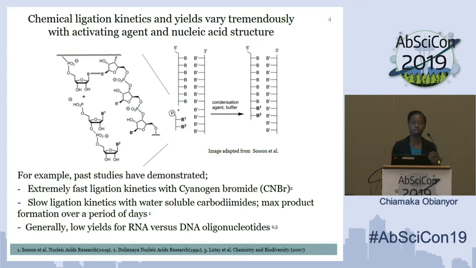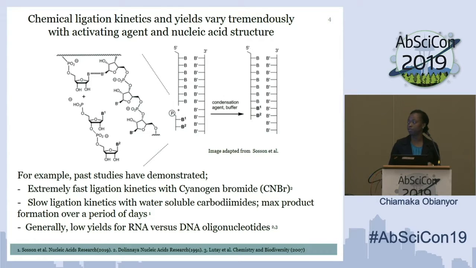On the other hand, we looked at water-soluble carbodiimides, and we found that it could take weeks and perhaps even months for you to get your maximum product, which again makes it hard to tease out the mechanisms involved with ligation. And perhaps the most interesting thing that we found was that generally you had low yields for RNA ligation compared to DNA ligation.